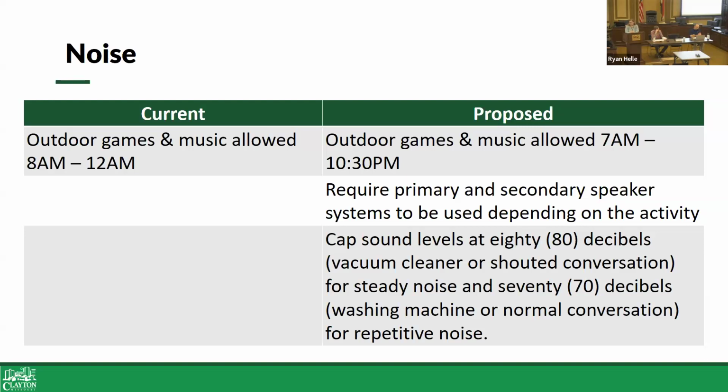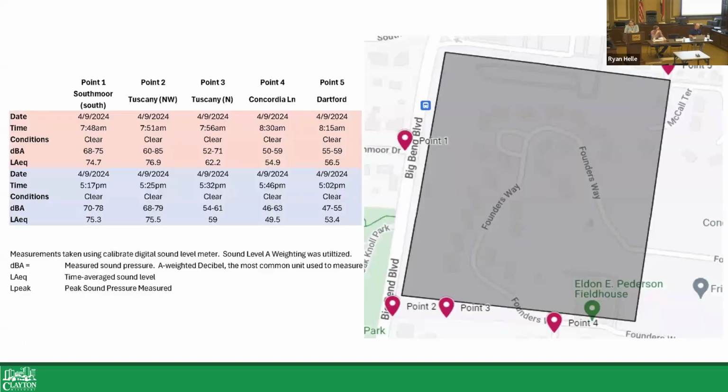And then we also are proposing to cap sound levels at 80 decibels. So this is for steady noise and 70 decibels for repetitive noise. So for this one, the city borrowed some noise equipment from another municipality and actually went out and took readings on site. So you can see the pink dots represent the locations here where noise was taken.